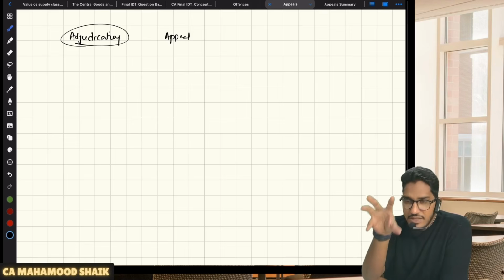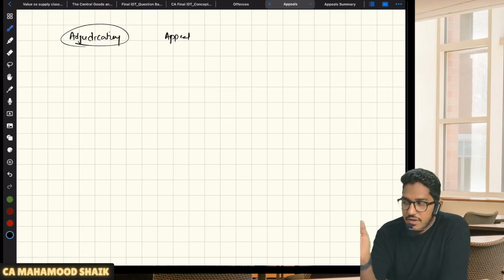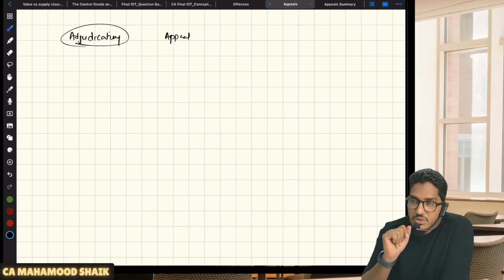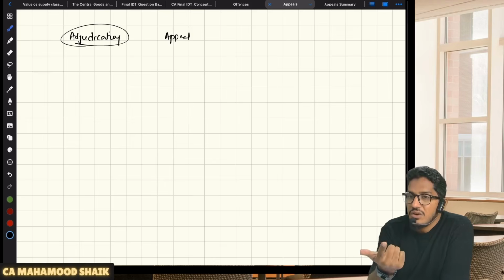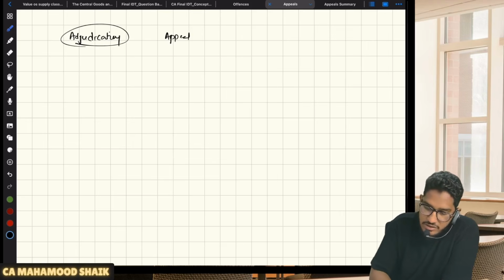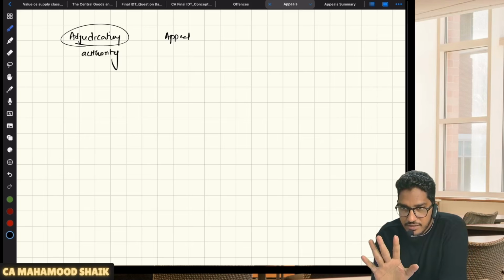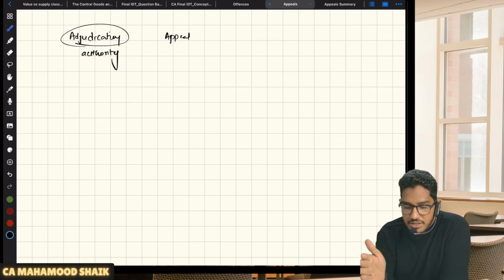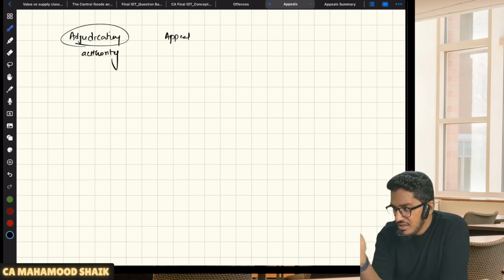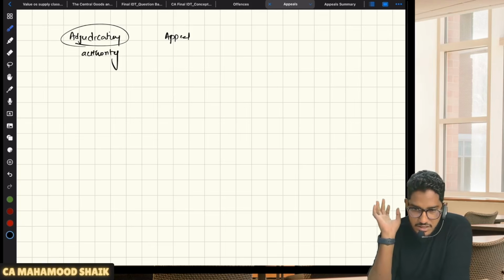That process we call adjudication. The authority giving that order we call the adjudicating authority. Basically, in the department, some officers are there who will do that. So adjudication means the process from the issuance of the show cause notice till the issuance of the order.